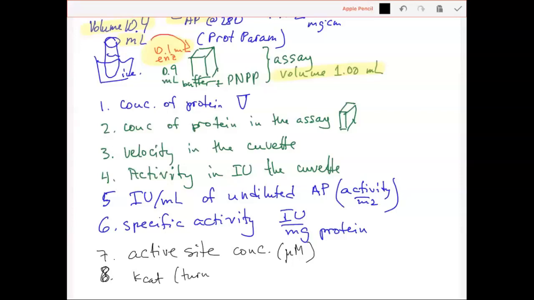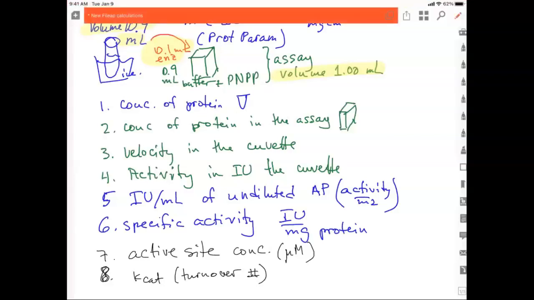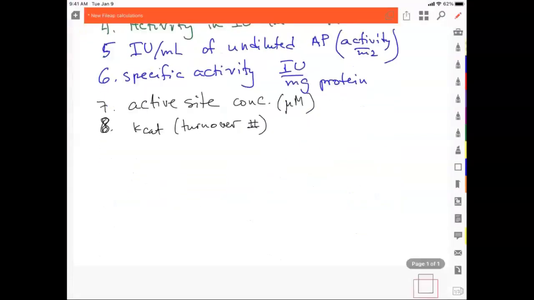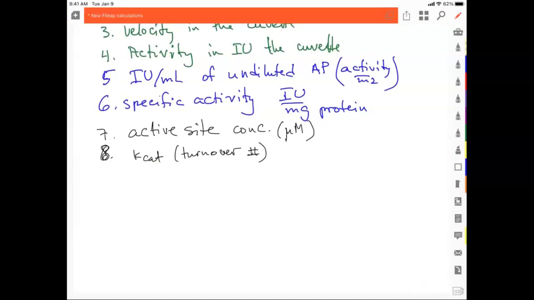I'm hoping we can compare that number to the literature to see, is our measurement reasonable? Is our assay working? Is it similar to what people find in the literature? Now, I left those in black ink, whereas others I've tried to color code based on which tube or cuvette we're measuring. Okay, so let's move forward. Hold on. Let me scroll up. Oh no, I need more pages. I'll pause for a second.